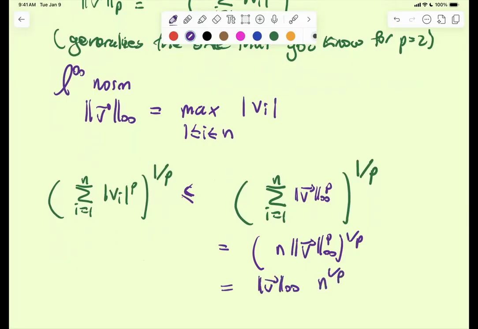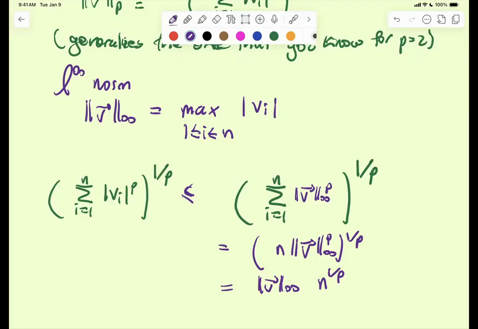The 1 over p's cancel, so that gives you the infinity norm times n to the 1 over p. And I guess this is one of these calculus limits: as p goes to infinity, you get n to the 0, which is 1. So for any p, these LP norms are less than or equal to the L infinity norm, and as p goes to infinity, they approach it. You probably remember it, when you take limits of sequences.